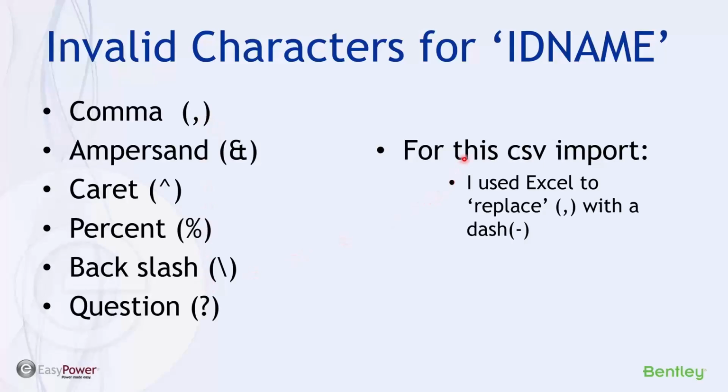Now, why that's germane is that in the first import, I realized some of these names in the file had commas, and so you'll see what I used is Excel to find and replace commas with a dash. We're not even going to go into that detail, but you'll see what I'm talking about.